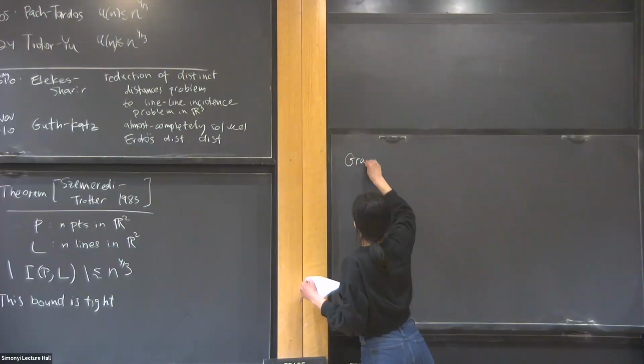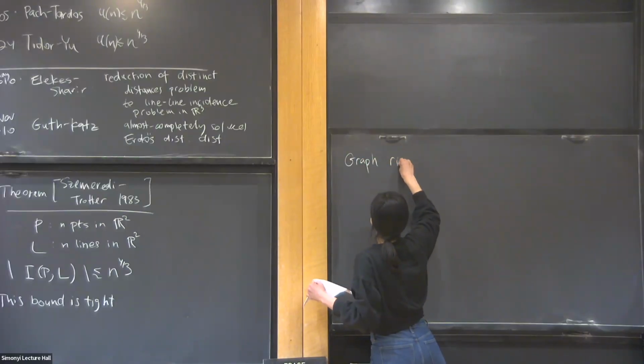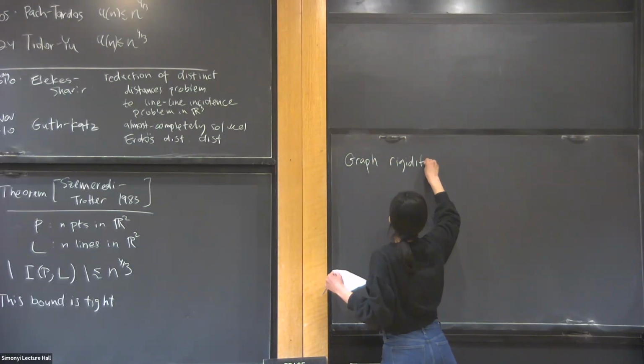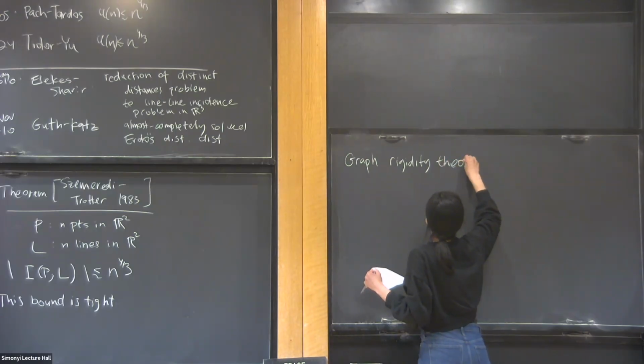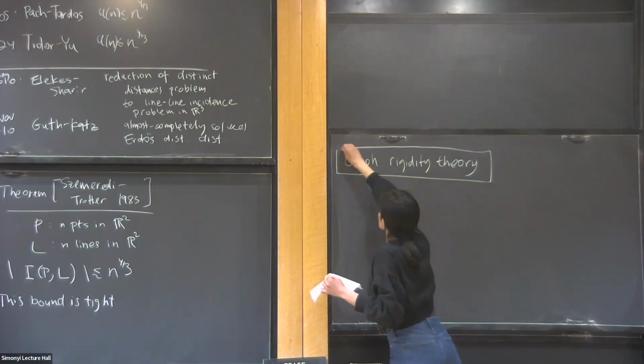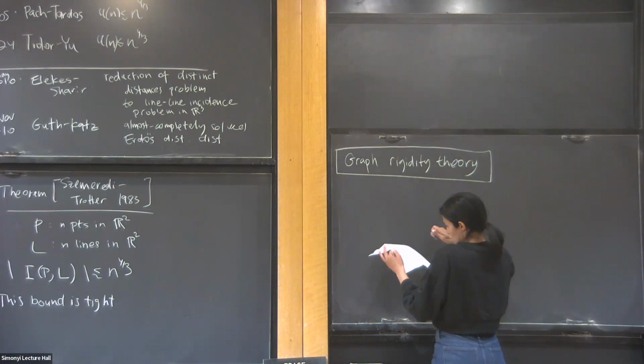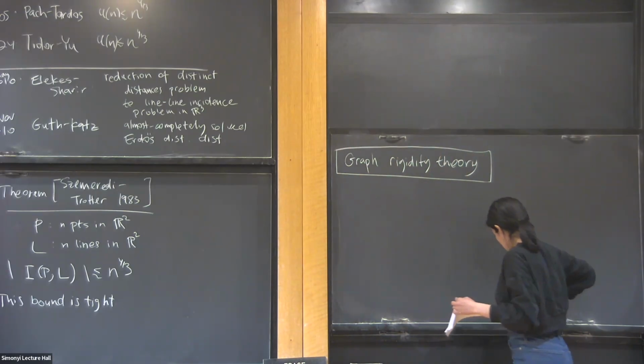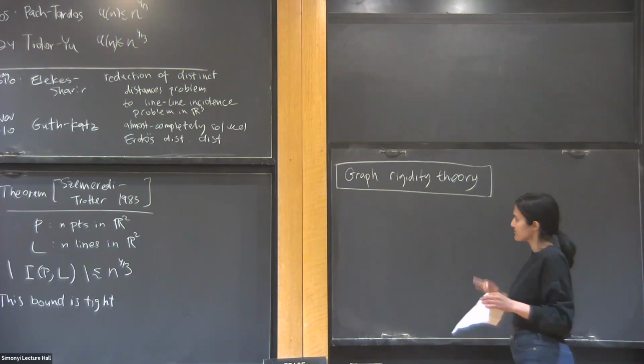Graph rigidity. Okay, so what do I mean by graph rigidity? So what is a rigid graph?